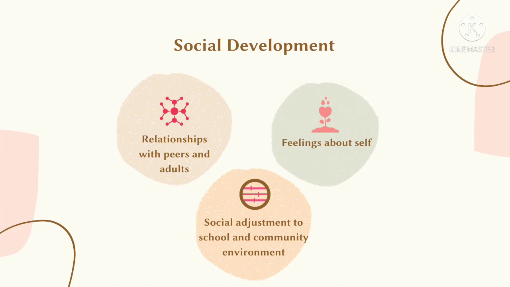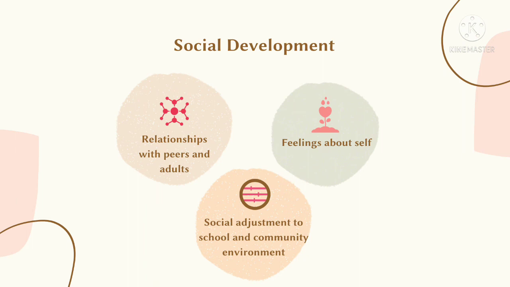So the next need area is a child's social development, or the degree and the quality of the student's relationship with peers and adults, or how the student interacts with peers at school, teachers, parents, and members of the household.